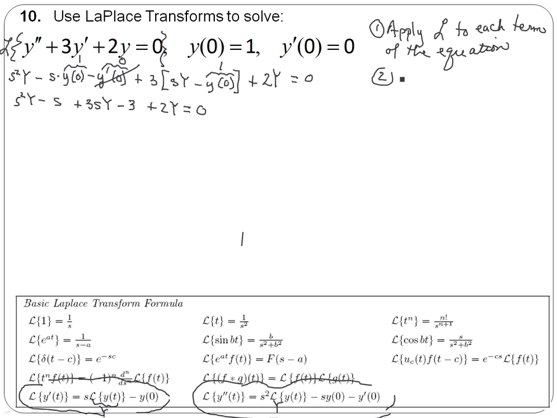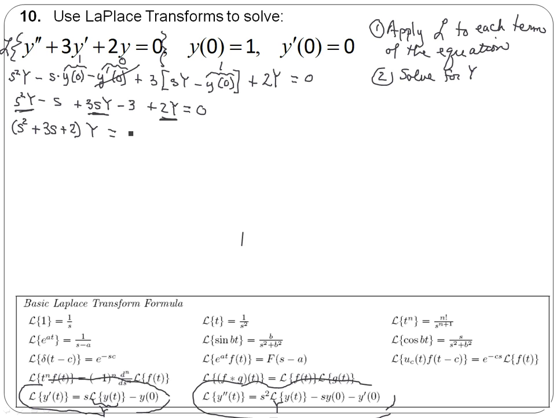Our next step is going to be to solve for capital Y. And to solve for capital Y, I want to group all these Y terms together and factor out the Y. I'm going to have s squared plus 3s plus 2 times capital Y. And every other term I want to bring over to the other side.